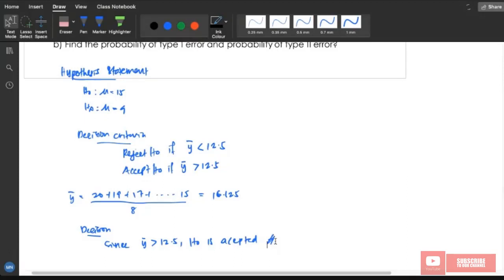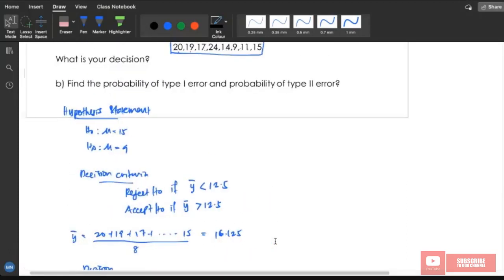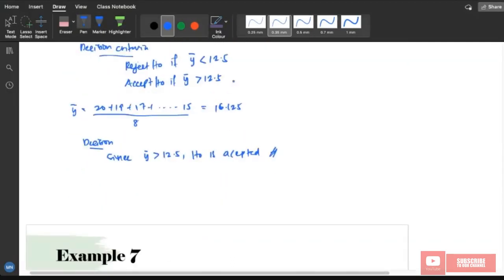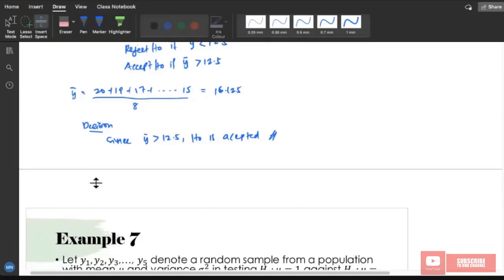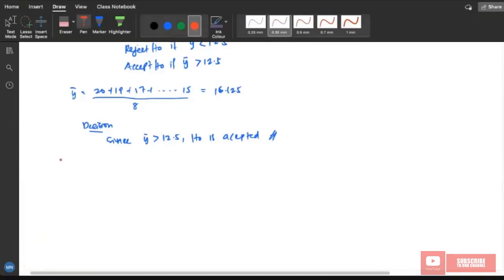So for question B, they ask us to find the probability of type 1 error and the probability of type 2 error. So this is going to be very easy, right? So probability of type 1 error is alpha, right?